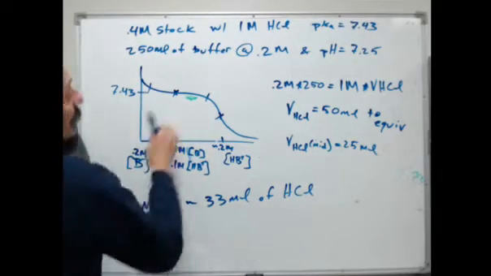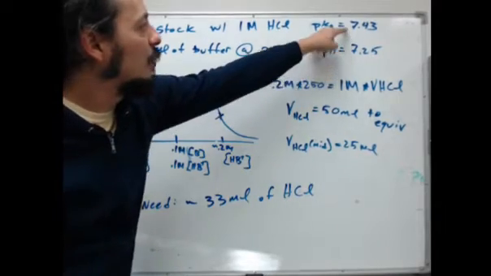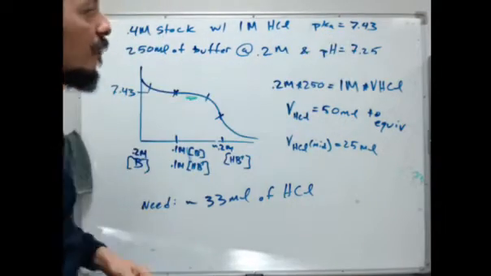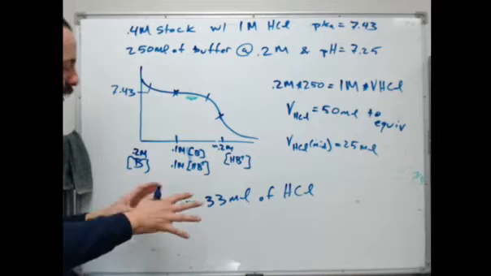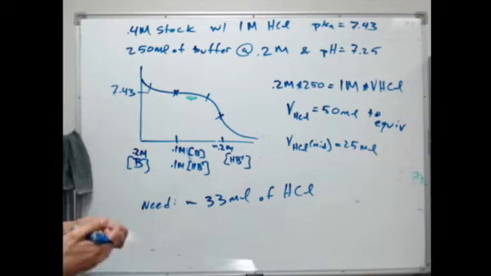Approximately, right? Maybe a little bit less because 7.25 is pretty close to 7.43, so maybe 30 milliliters, maybe 29 milliliters, but we're in the right ballpark.